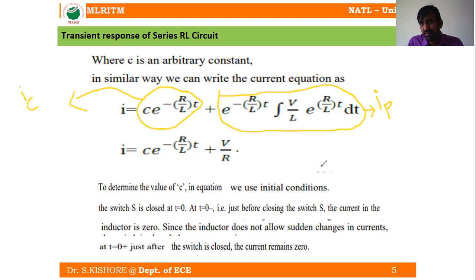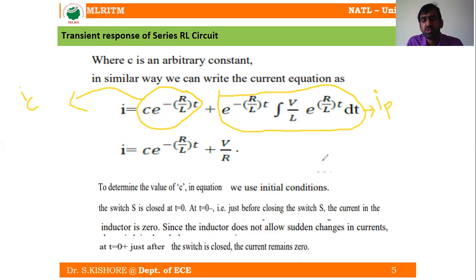So what is the current before switching? If we estimate the initial conditions, at T equals 0 minus the current is 0 because the switch is open. Immediately after the switch is closed, the current through the inductor is also 0. Why?